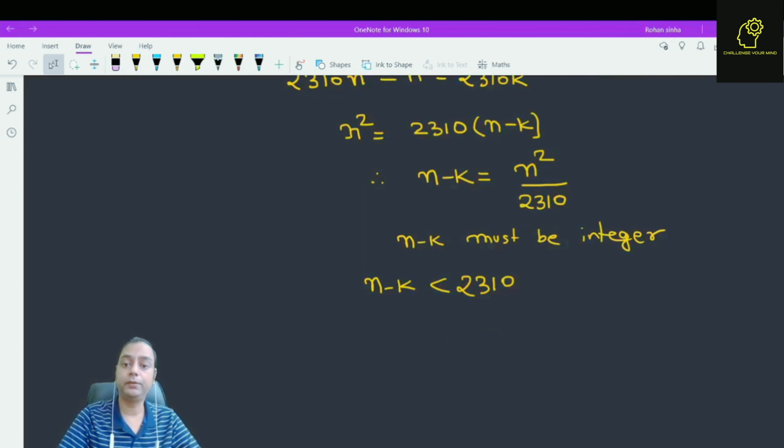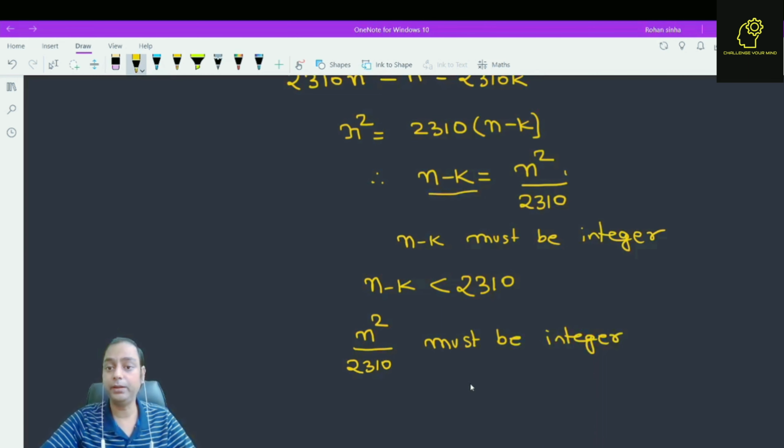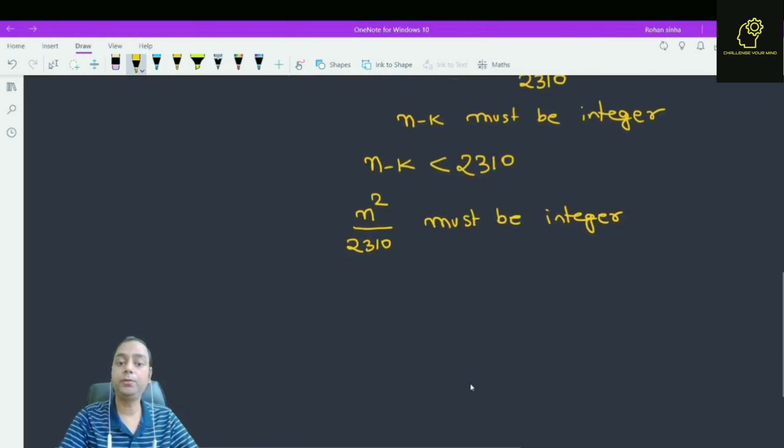Now, what is in the RHS? The RHS is n squared divided by 2310. This must be an integer, because n minus k is an integer. Now, what is 2310?